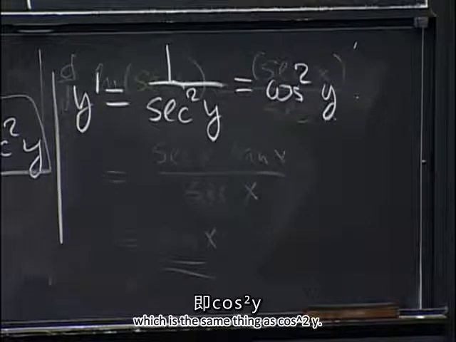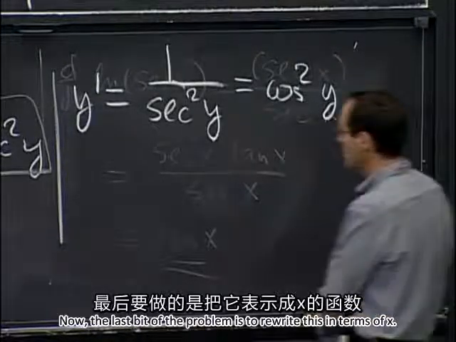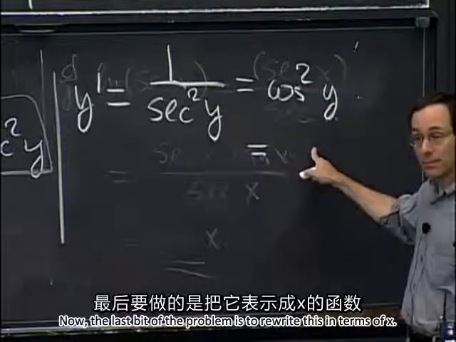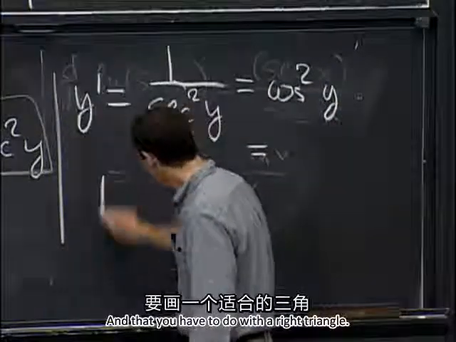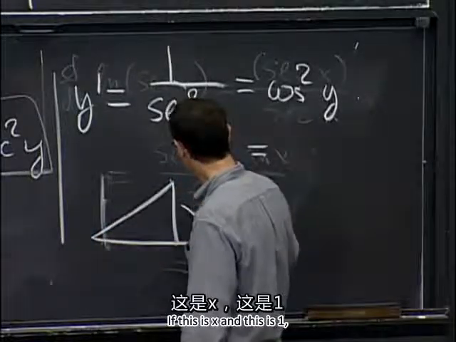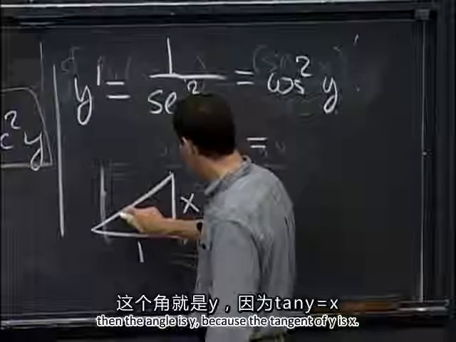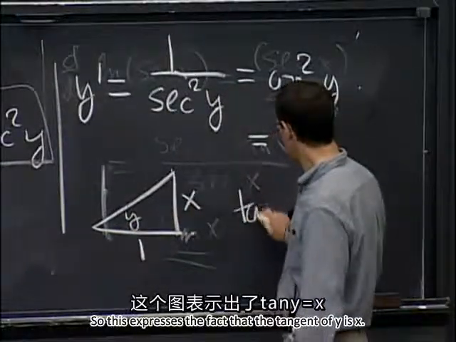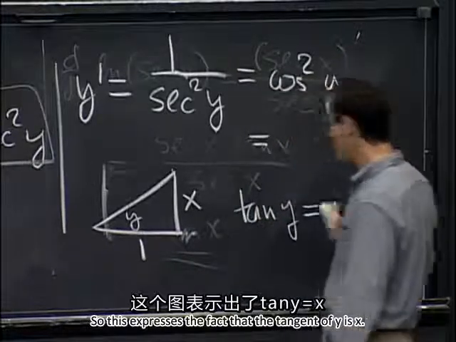Now, the last bit of the problem is to rewrite this in terms of x, and you do that with a right triangle. If this side is x and this is 1, then the angle is y because the tangent of y is x. So this expresses the fact that the tangent of y is x.